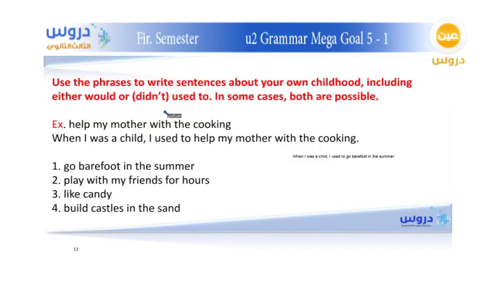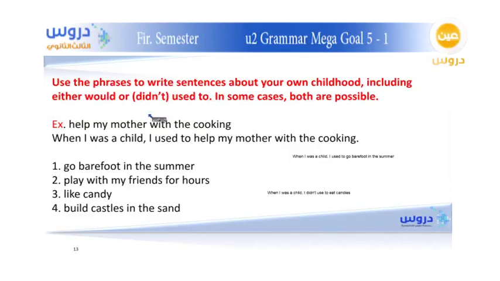Now let's use the not, and here it means not plus used to. For the third example, we can say, when I was a child, I did not use to eat candy.